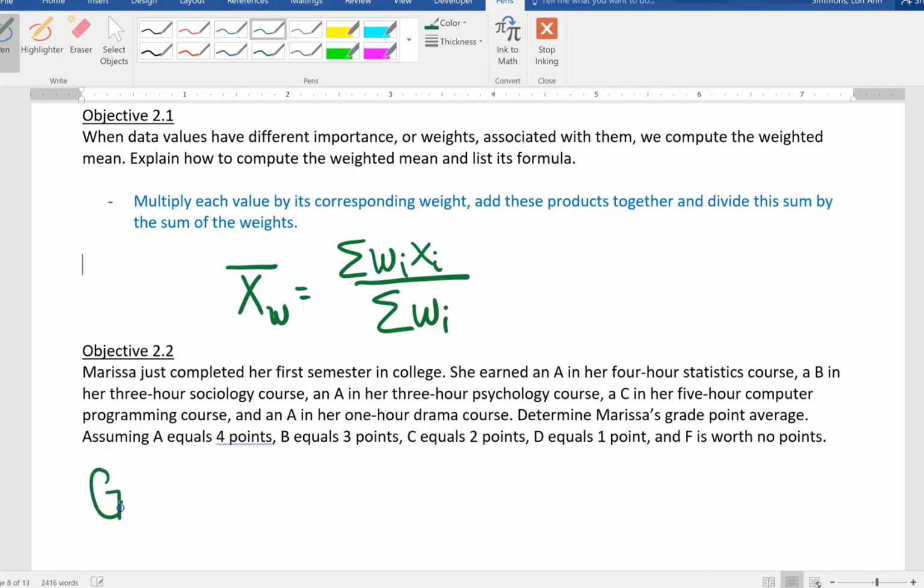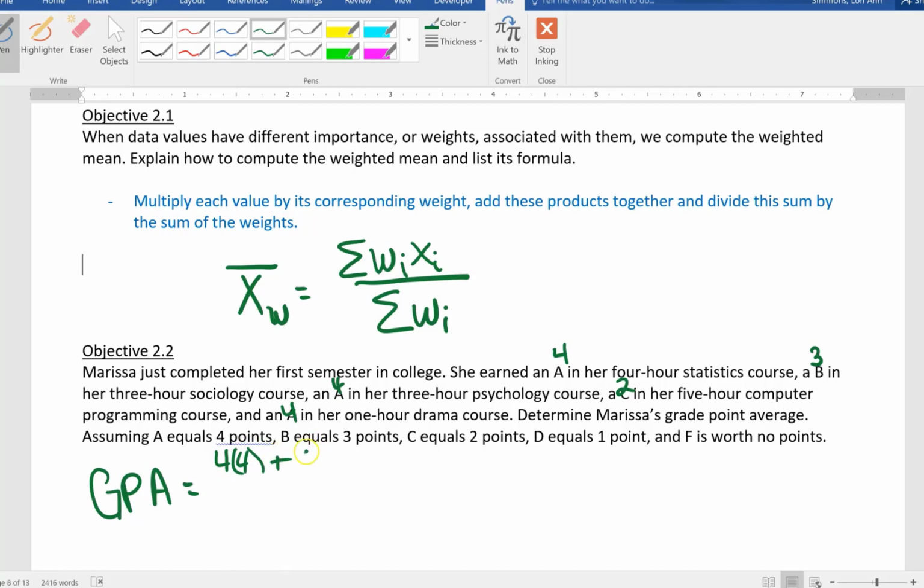So what we're going to do is take our GPA is going to equal. Now up here it says multiply each value by its corresponding weight. So we have A is equal to 4, B is equal to 3, C is equal to 2. So the first one, 4 hours, and then she got a 4, or an A, equal to 4.